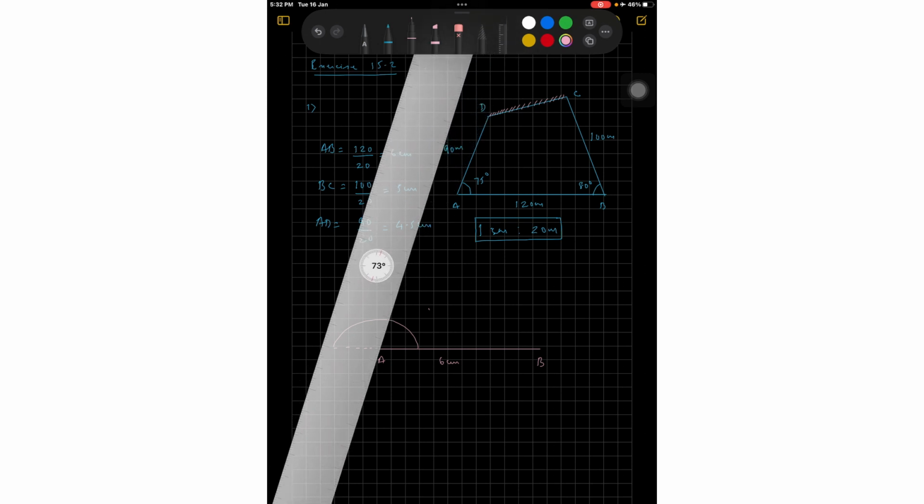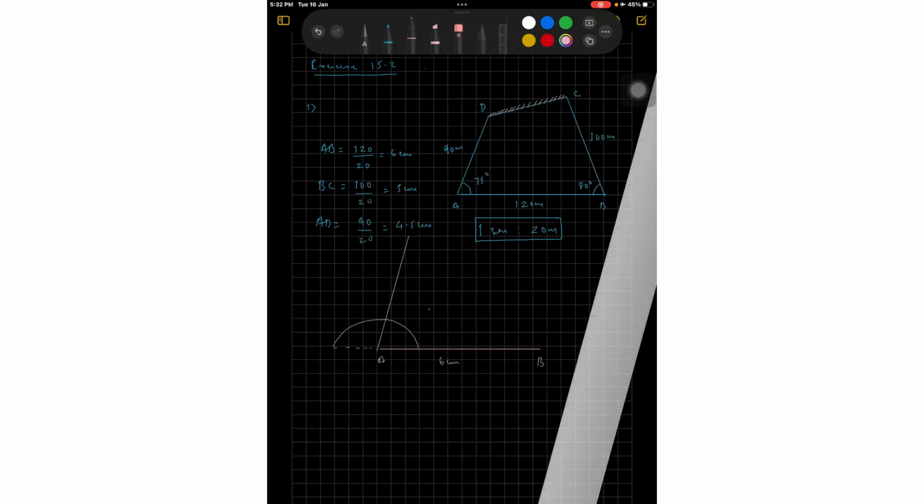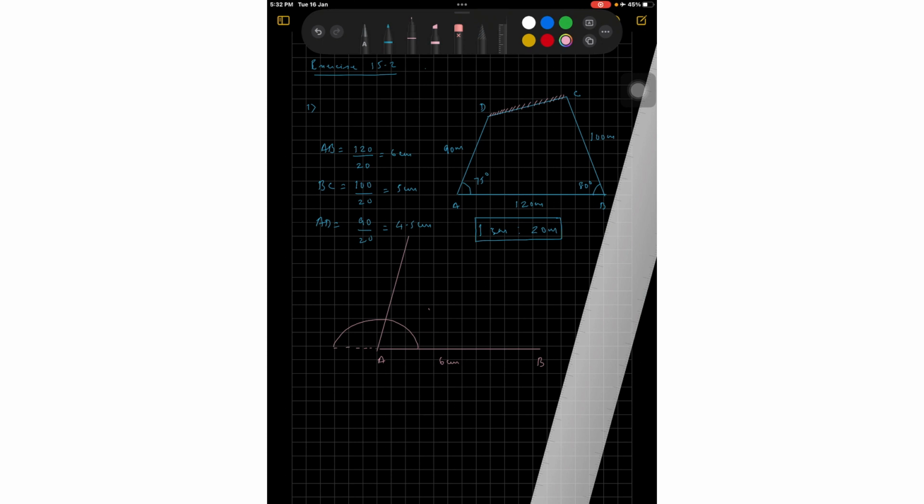So you do that, 75 degrees drawn. I'll just erase the protractor position.